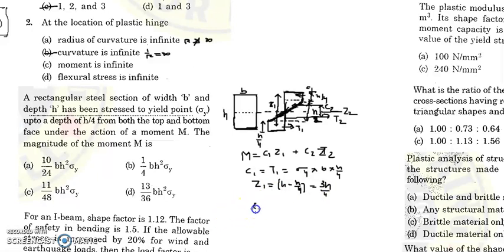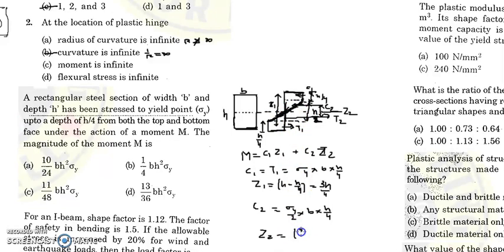And then what is C2? C2 is equal to the average stress, sigma y by 2, times the area, b into h by 4. And what is Z2? Now look at this, this is a triangular portion. From here to here it is 2/3 of h by 4. This is also triangular, 2/3 of h by 4.